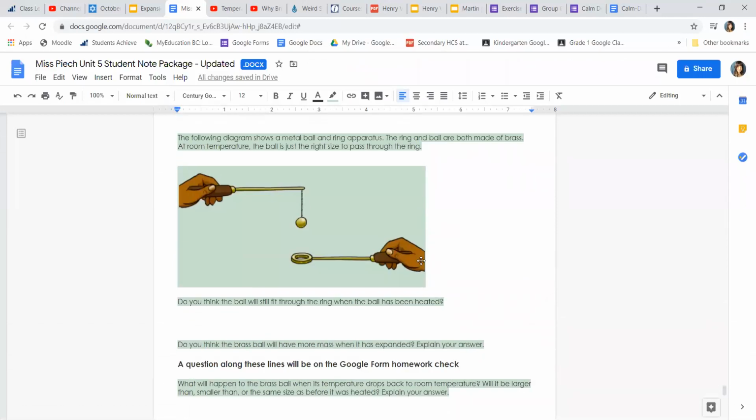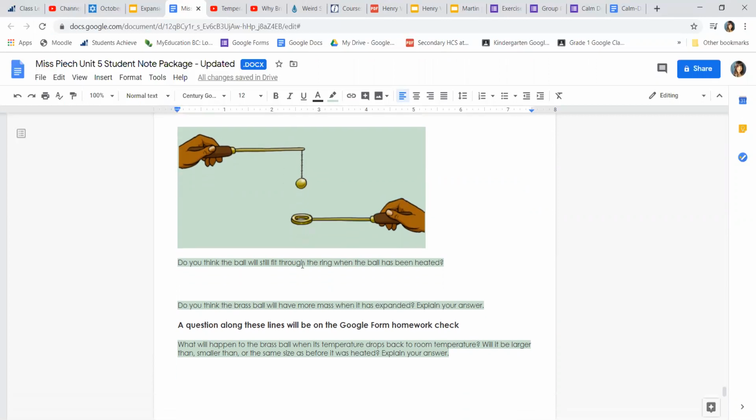Okay, so now we're going to move on, and we're looking at this metal ball and the ring apparatus. They're both made of brass, and we also know that at room temperature, everything is going to go through easily, no problem. Now, what will happen if just the ball is heated?